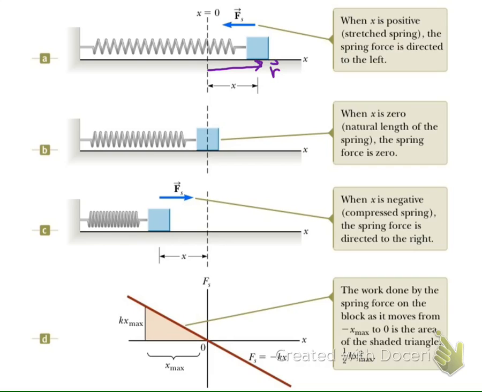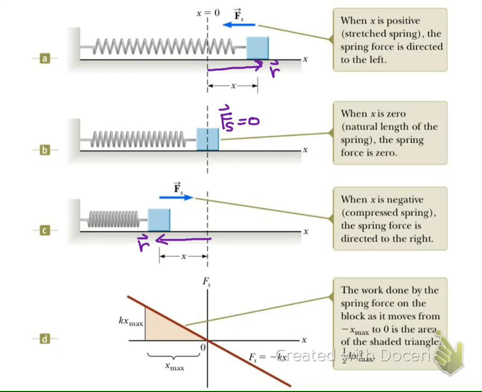At equilibrium, Fs equals 0, and if we push the object to the left of the equilibrium point, this is the direction of the displacement, and the force from the spring is opposite to the direction of the displacement.